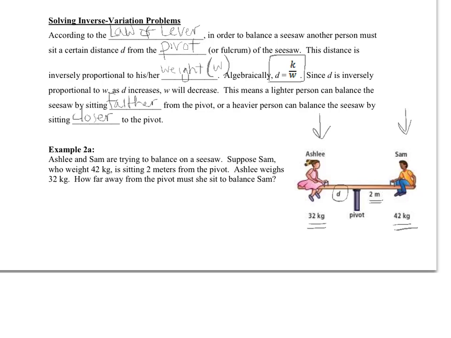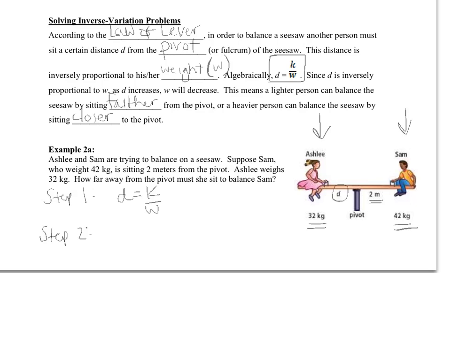We're going to use those 4 steps that we learned in lesson 2.1. So step 1, we're going to write our function. We're going to say d equals k over w, our general equation. Step 2, we're going to solve with what we have.